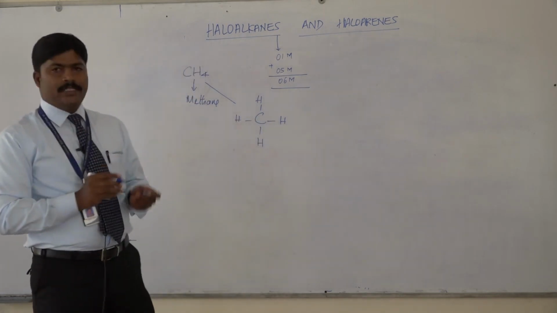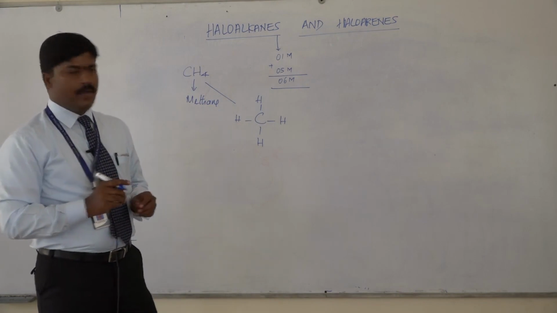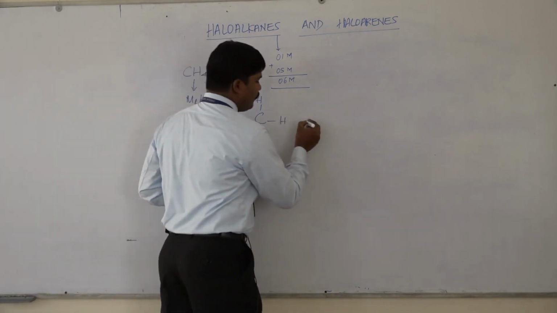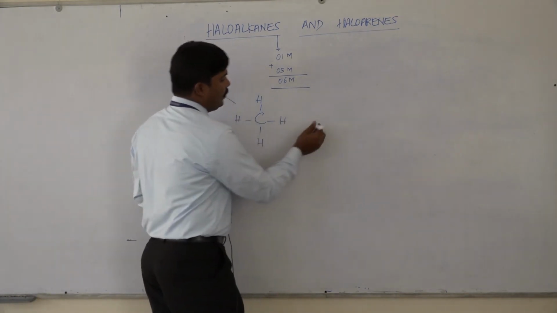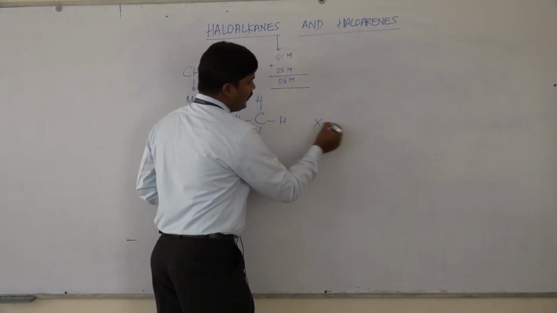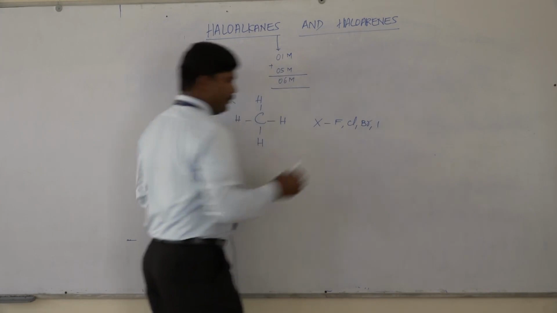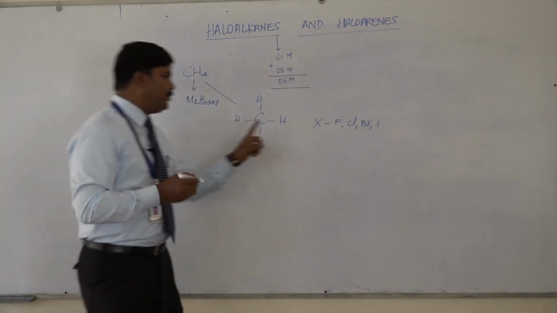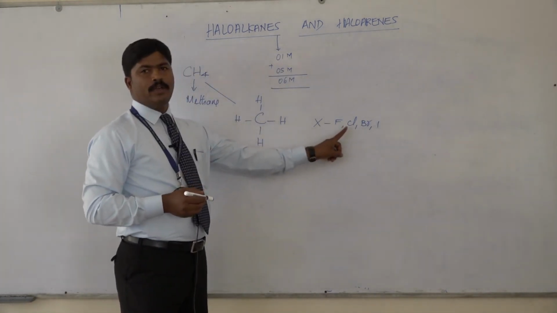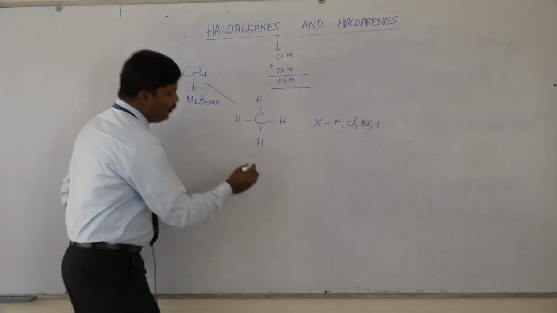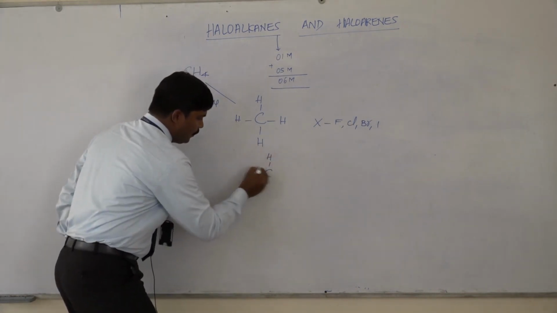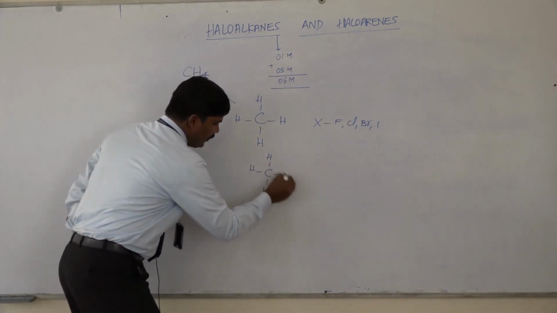If I replace one hydrogen atom by a halogen X, where X is fluorine, chlorine, bromine or iodine, I can replace any one of the hydrogen atoms by a halogen. I get a compound called CH3Cl or CH3X, where X is a halogen.